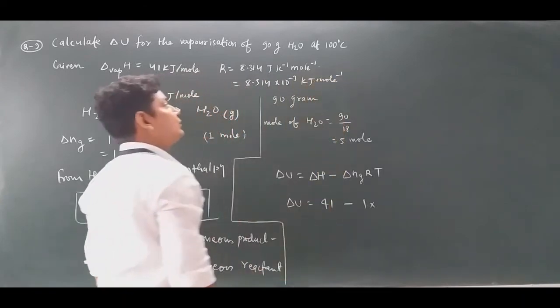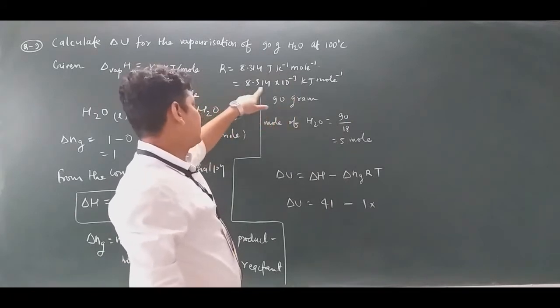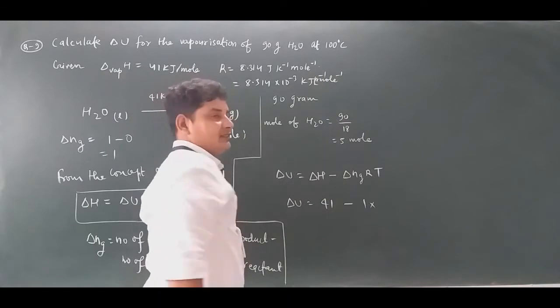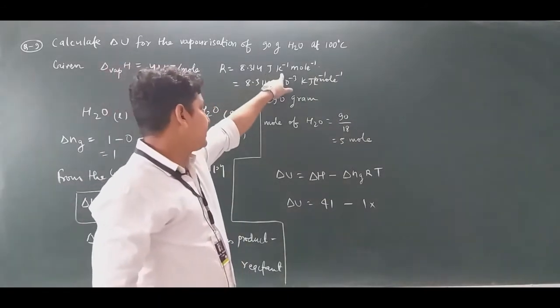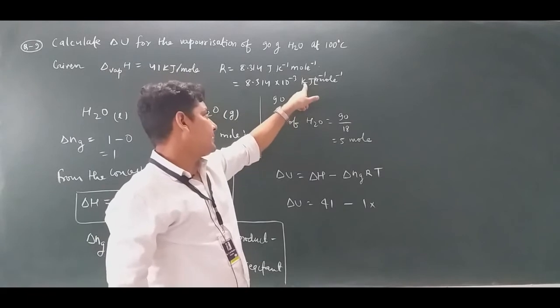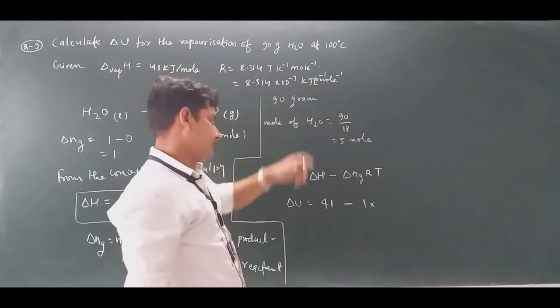Here it was joule per Kelvin, now we have written kilojoule per Kelvin per mole, and we have multiplied with 10 to the power minus 3.